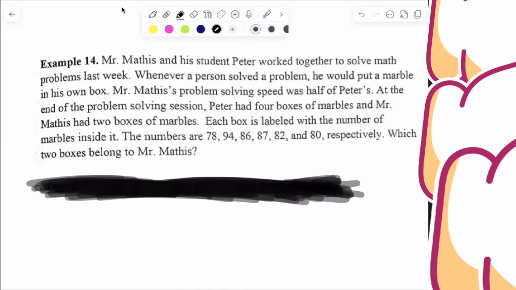I thought he was the teacher, but anyway, Peter had 4 boxes of marbles, and Mr. Mathis had 2 boxes of marbles. Each box is labeled with the number of marbles inside it. The numbers are 78, 94, 87, 82, 80. Which two boxes belong to Mathis?